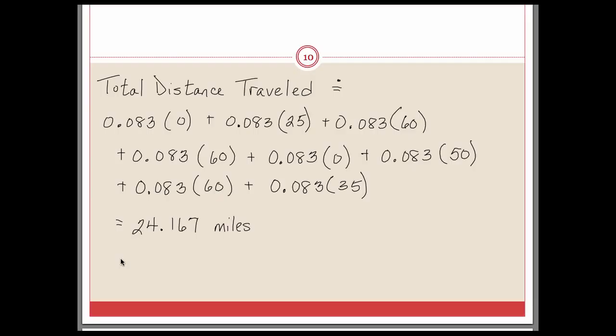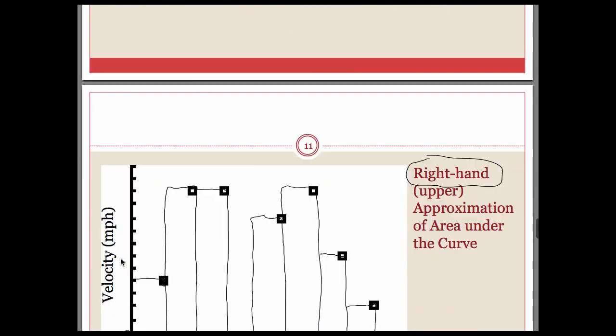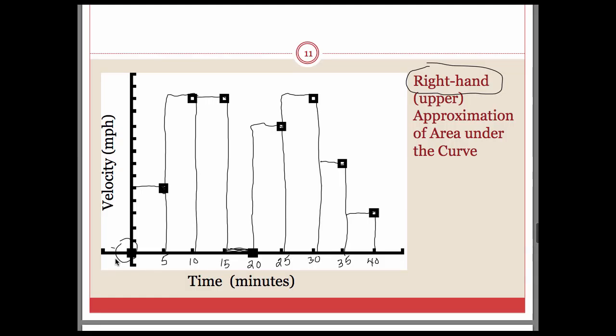Some people like to do that, some don't. Some prefer to go just one rectangle at a time, so it's entirely up to you. Some people find it easier doing it this way because then it's a process they can use if you do have a true Riemann sum where all the widths are varying and you really have to go one rectangle at a time anyway. So maybe we'll just continue with that.